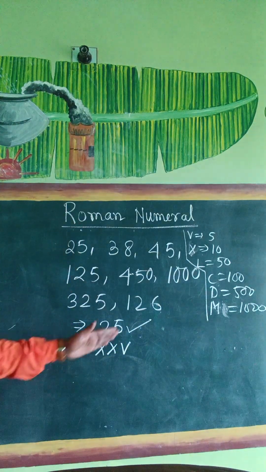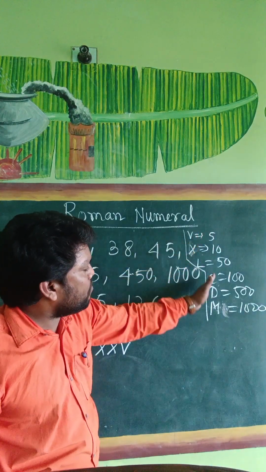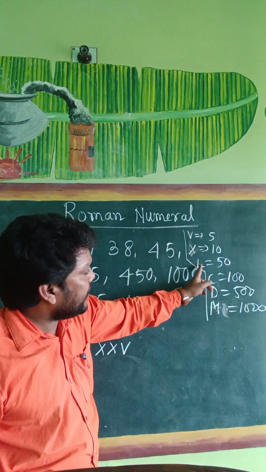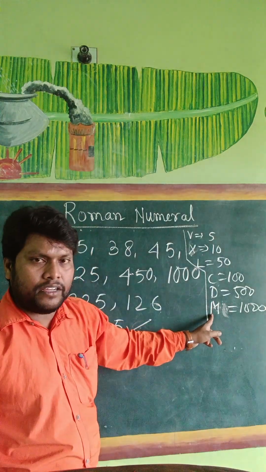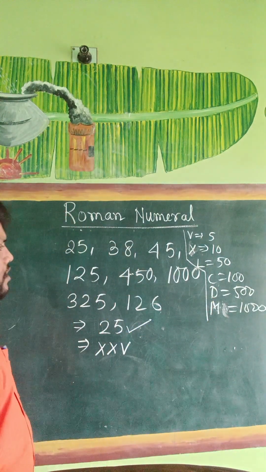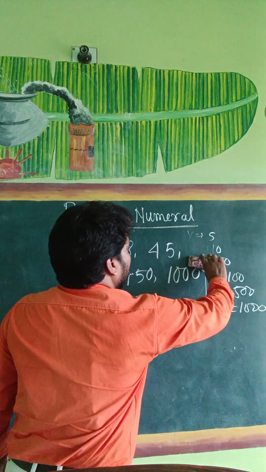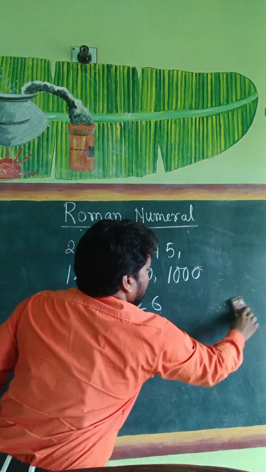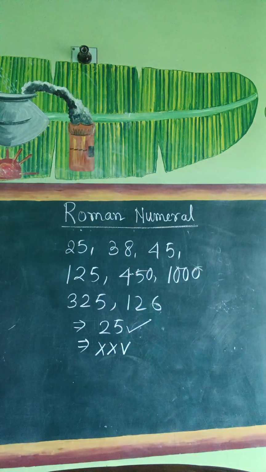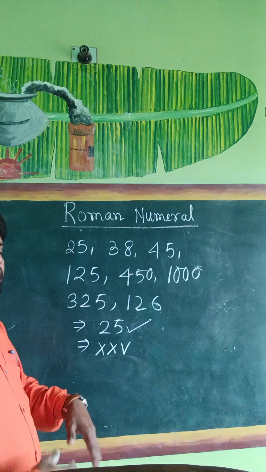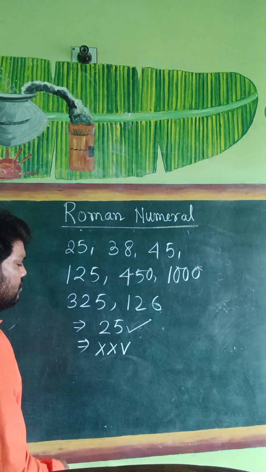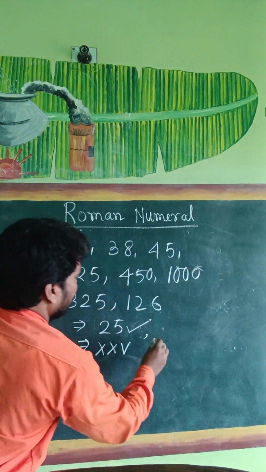When you practice, at first write the values of the Roman numerals V, X, L, C, D, M. After a few times of practice, you will automatically understand the process.